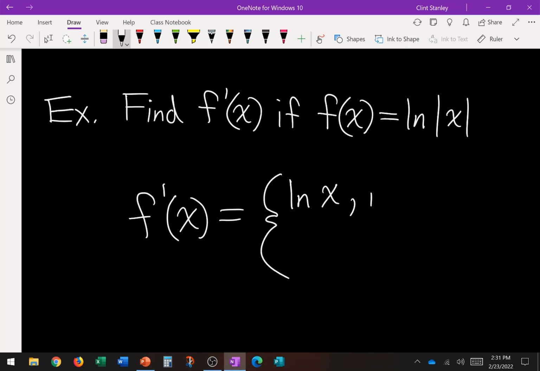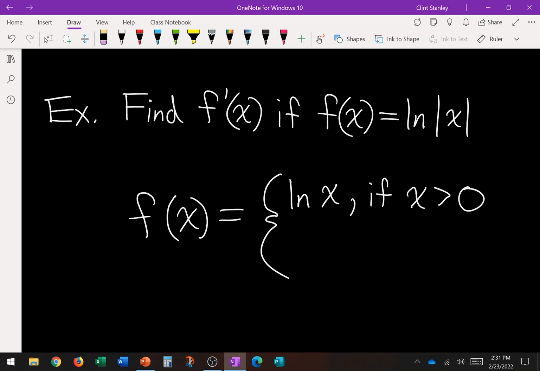It'd be ln of x if x is greater than 0. Sorry, I was thinking backward, because we want positives. I want positives. Sorry about that.